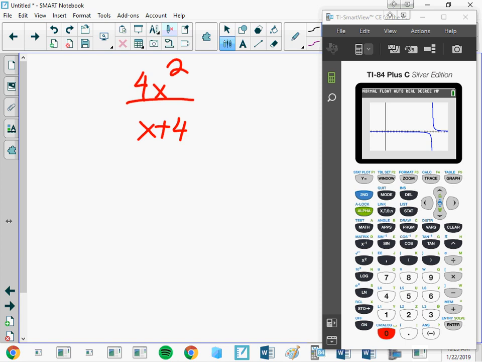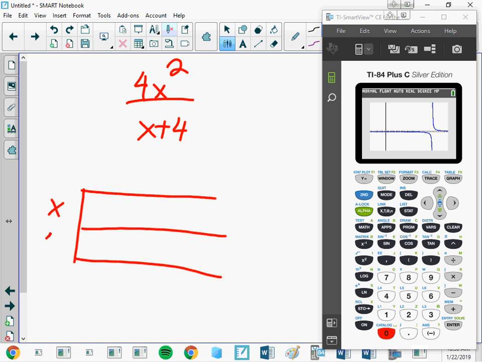Okay? So I put an x and a 4, and then I put this in here. So 4x squared. Pull out a 4, or pull out an x, I get 4x. 4x times 4 is 16x. Now what? So now I have a plus 0x. So this box and this box need to add to be 0.